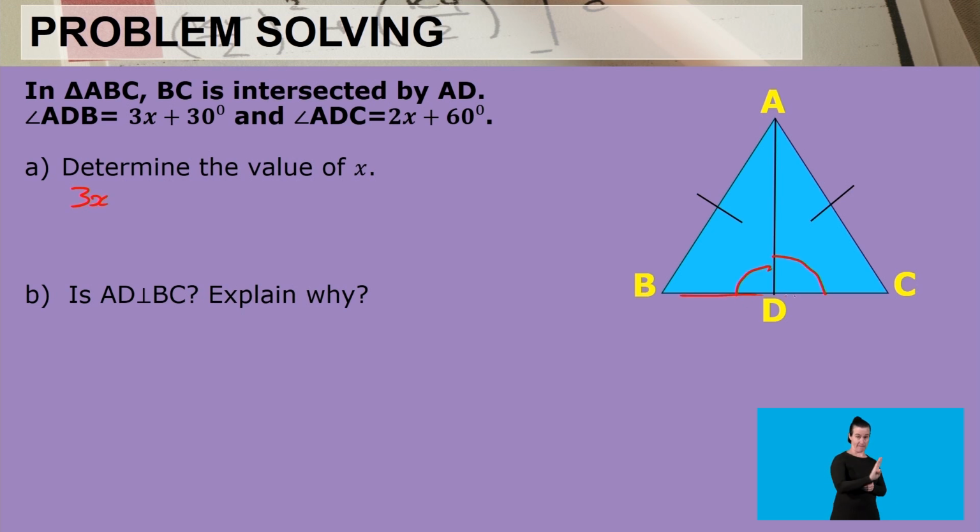So they are sitting on a straight line, so they are supplementary. So we're going to say 3x plus 30 degrees plus 2x plus 60 degrees equals 180.